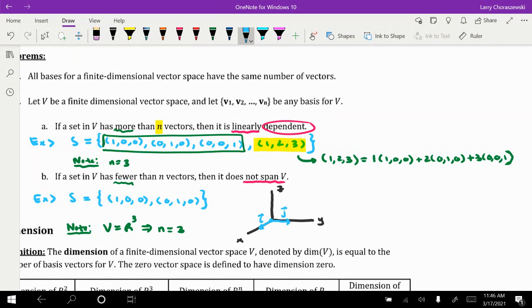Any linear combination of the vectors i and j is going to just generate a plane, namely the xy plane. So what I have shaded right here would be the span of our current set S.